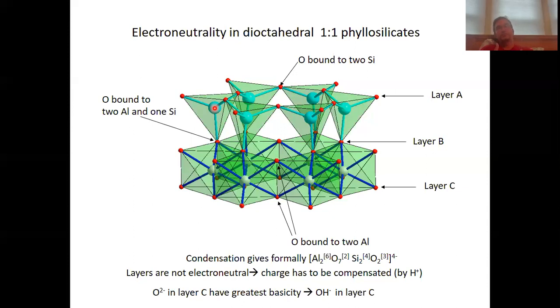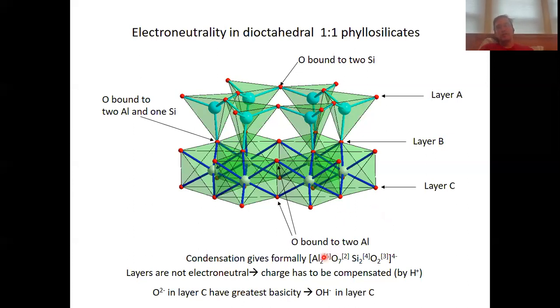All right, so now we can actually see, again in layer C, I forgot to say this, we again have only oxygens which are bound to 2 aluminums. Okay, so now we can actually derive the charge of such a layer from the coordination numbers.